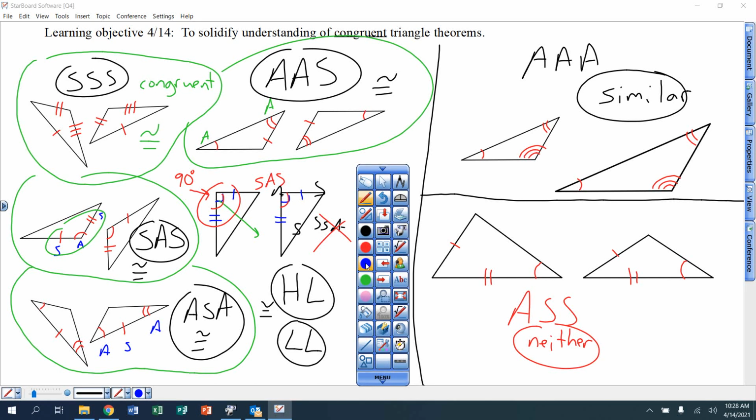Most people will write the two A's first with the S. If you wrote it like this, I would still give you full credit, because that shows a side with two angles in a row. That's what we're looking for you to describe.